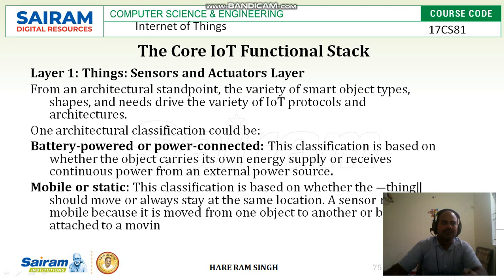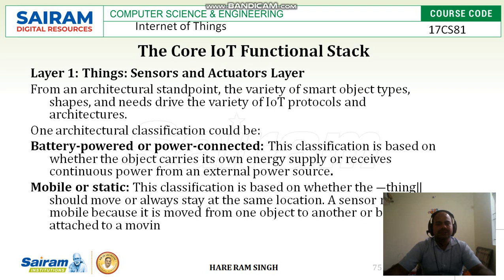Here, this is one classification. This classification is based on whether the object carries its own energy supply or receives continuous power from an external power source. For example, mobile, laptop, tab. These are the things or objects which have their own battery.